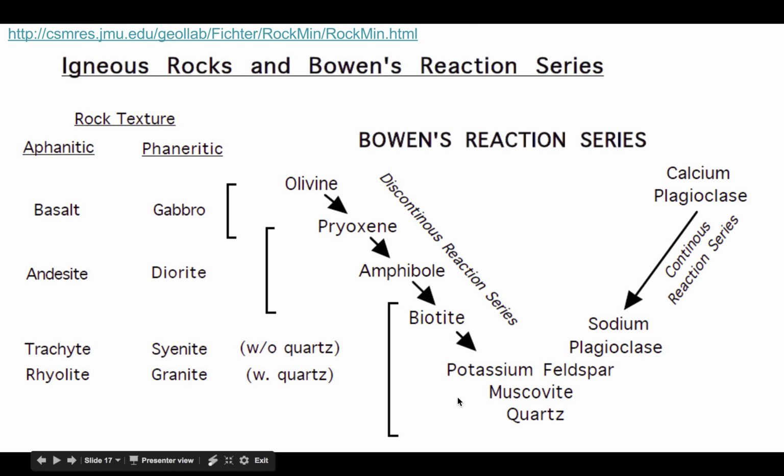Partial melting is when you don't apply enough heat to melt all of these minerals, just enough to melt some of them, then your melt will look like this, and it won't look like this. So that's the idea of partial melting, and that's the thought on how we originally got cratons to begin with.